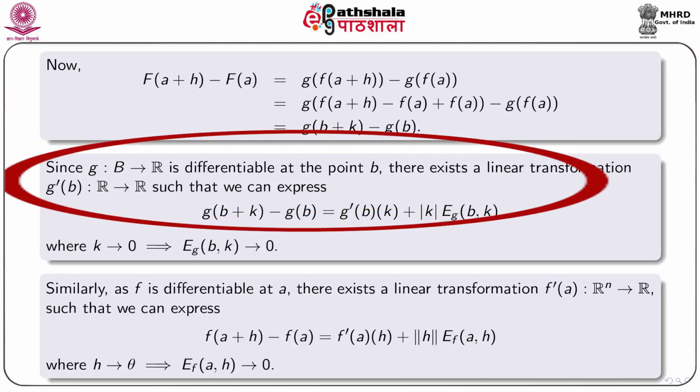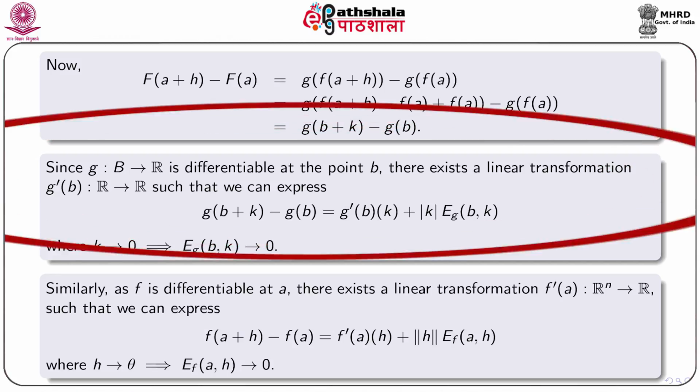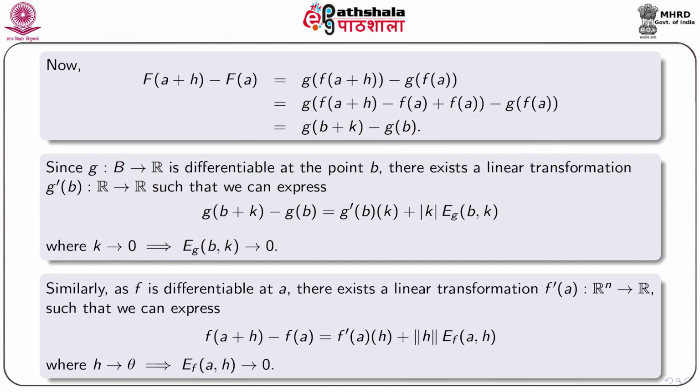Since the function g from B to R is differentiable at the point b, we can find a linear transformation g'(b) from R to R such that we can express g(b+k) - g(b) equal to g'(b) operating on k plus |k| E_g,b(k), where k tends to 0 implies E_g,b(k) tends to 0. As k is a real number, norm k is nothing but the modulus of k.